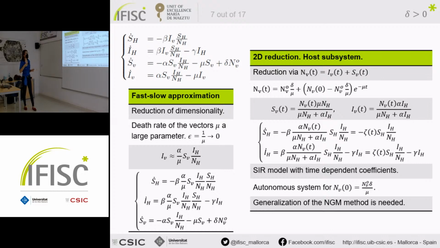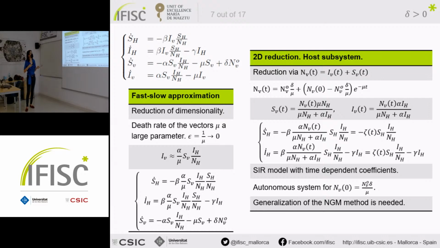We see that this is an SIR-like model with time-dependent coefficients. And we also see that this system is non-autonomous because it has an explicit time dependence through NV(t), except for the case where the initial population of vectors is already in its stationary state, when the system is an autonomous one, and all the tools of autonomous systems can be used here.